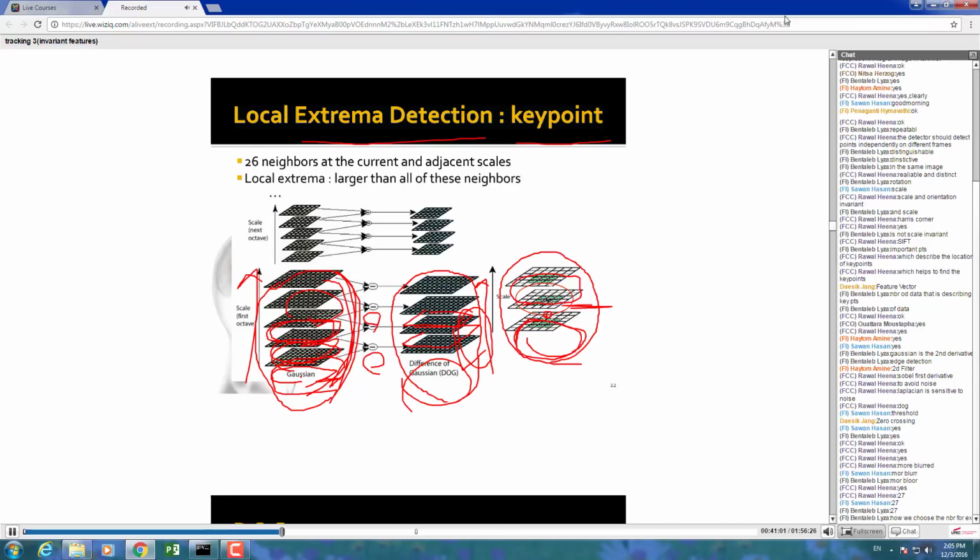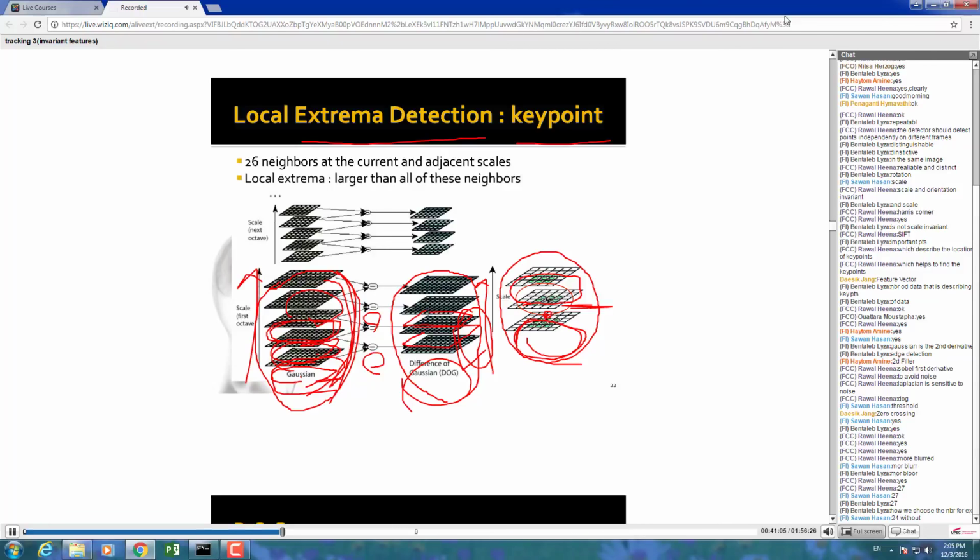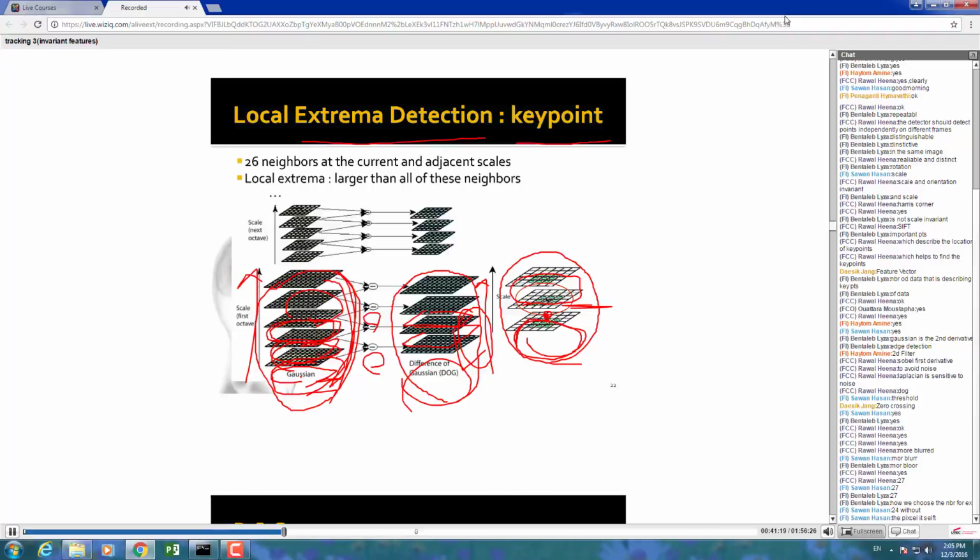Okay, so actually, this kind of neighboring calculation is done per every pixel, from the current pixel position in the center. 24. What is 24?